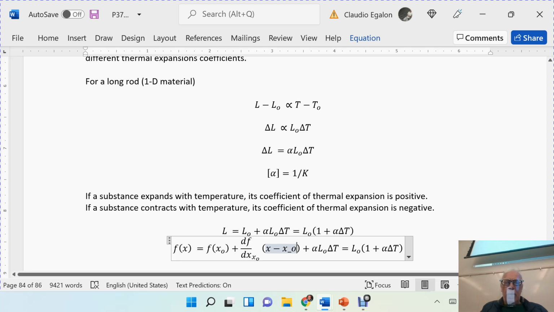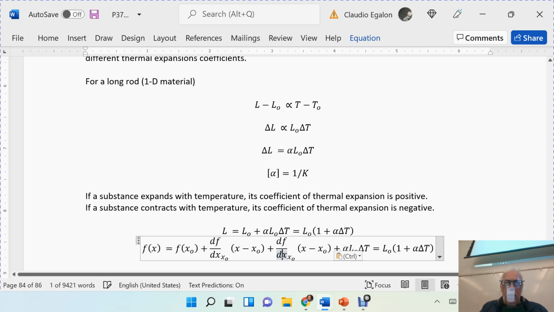And if you want to go any further to the second order term, what do we get?